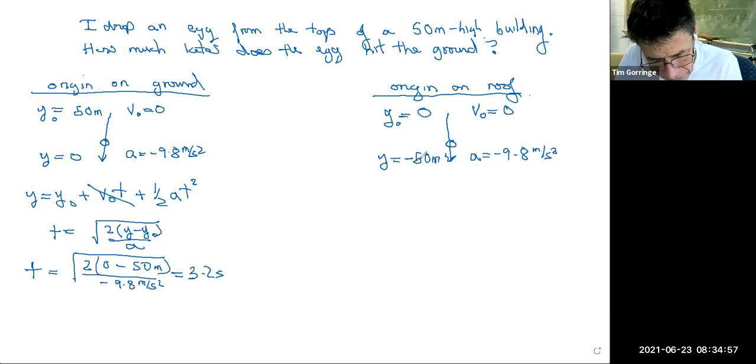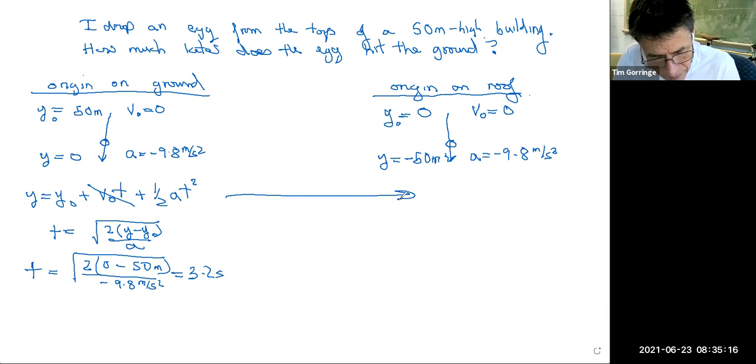So it'll be minus 50 meters here. Well, these are the quantities for this problem with my choice that upwards is positive and that the rooftop is the coordinate origin. And now we can go ahead and solve the problem.